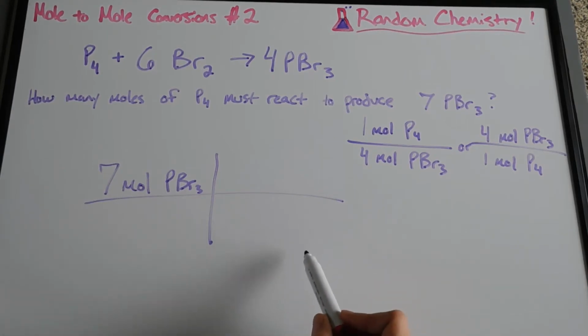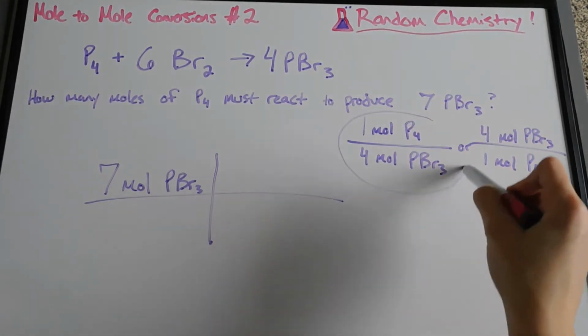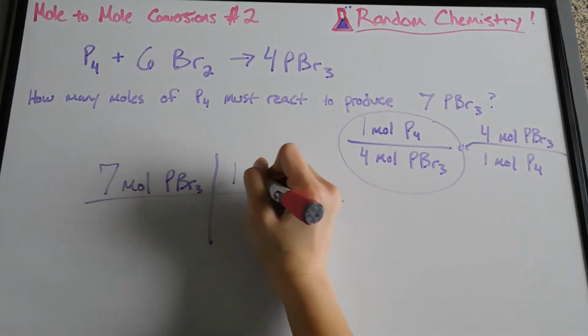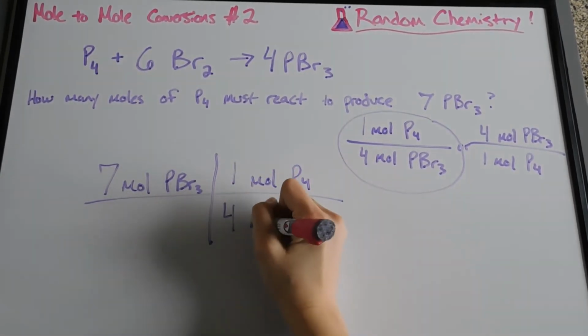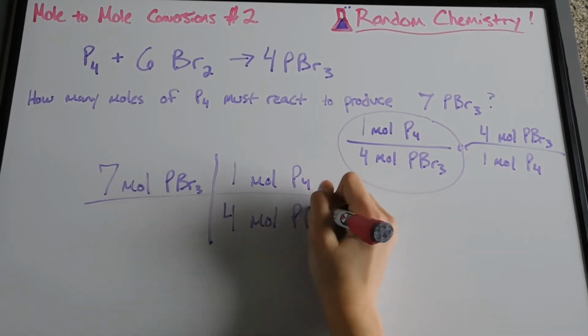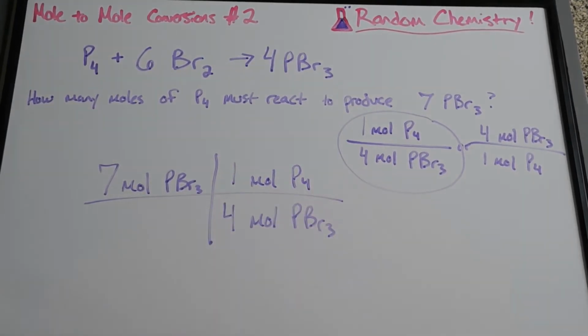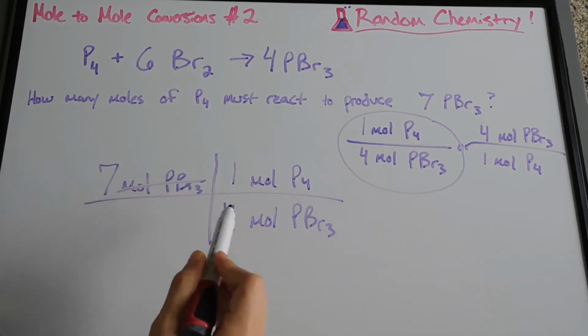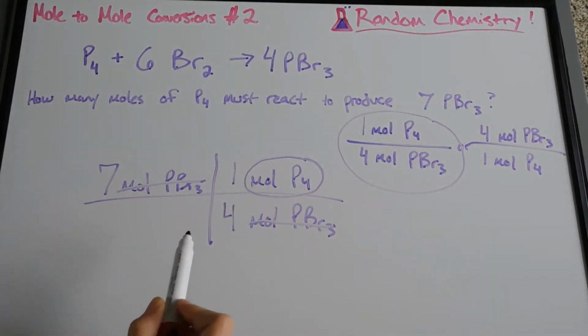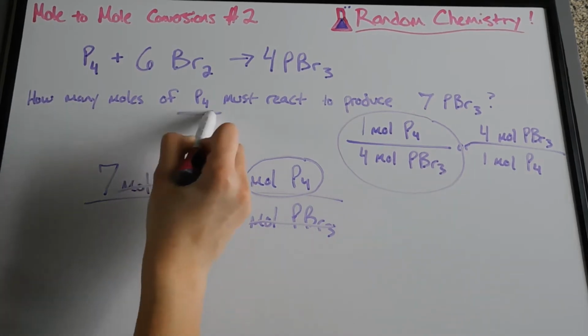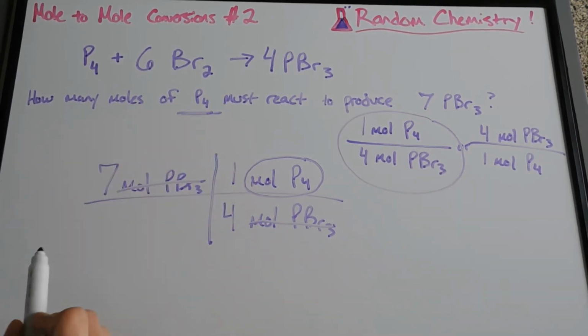So that means I'm going to use this conversion factor. So moles of PBr3 cancel, and I'm left with moles of P4, which is what the question is asking me for. So then I just do my math.